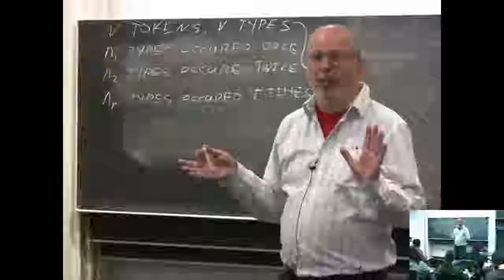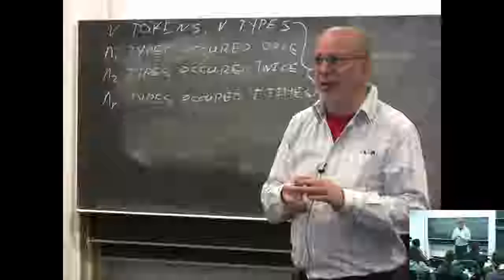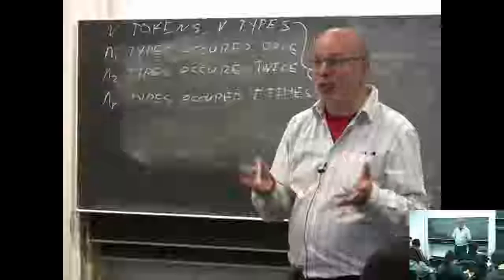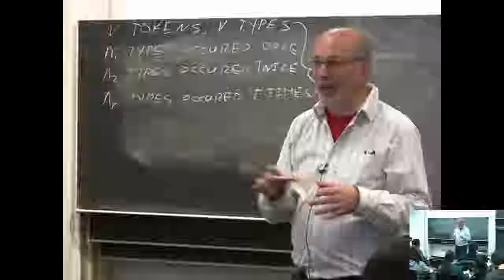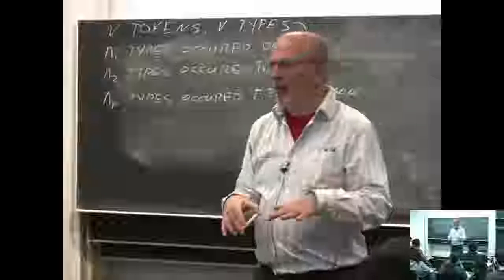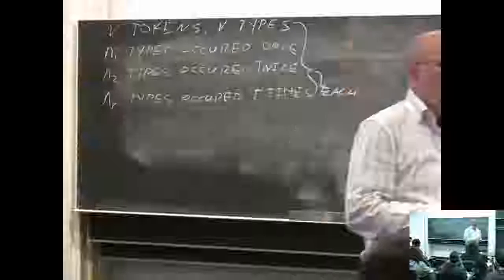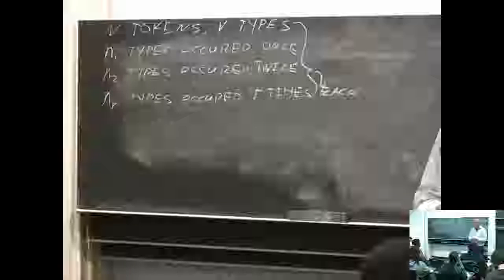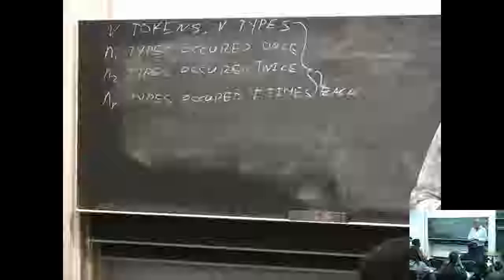Just to give you a rough idea, something like the Brown corpus, which was considered at the time a balanced corpus of English, in that it was a combination of multiple genres, some fiction, some newspaper, some legal proceedings. Number of tokens was a million word tokens. Number of types was, I think, about 50,000.